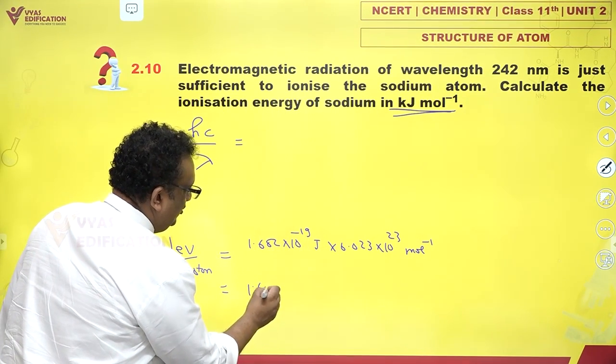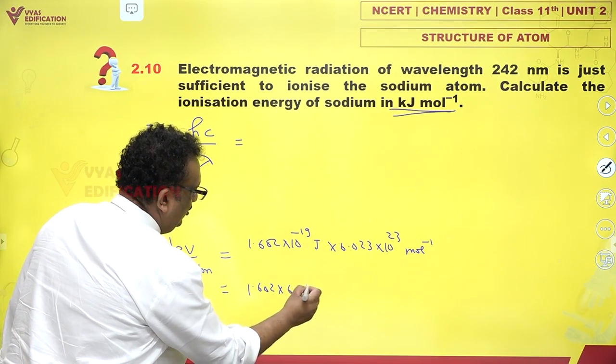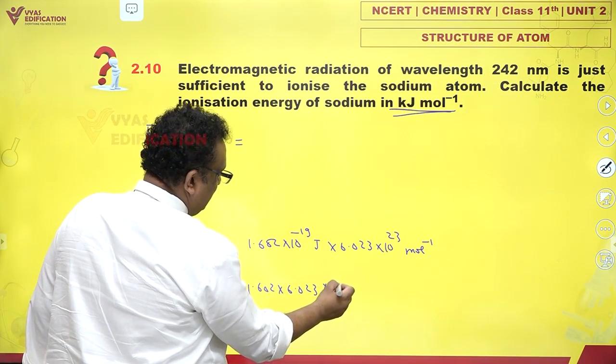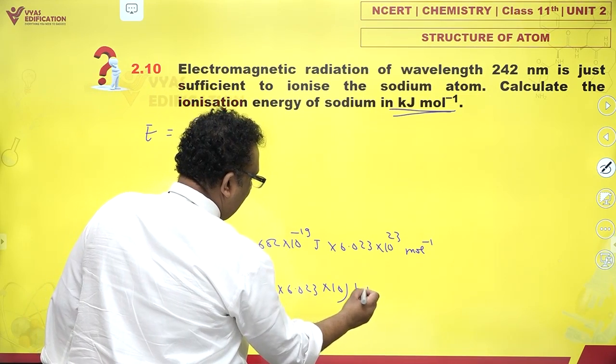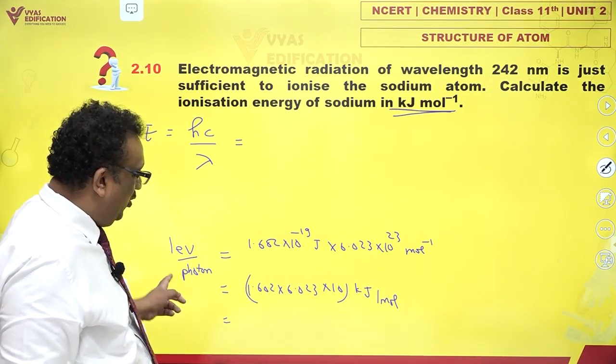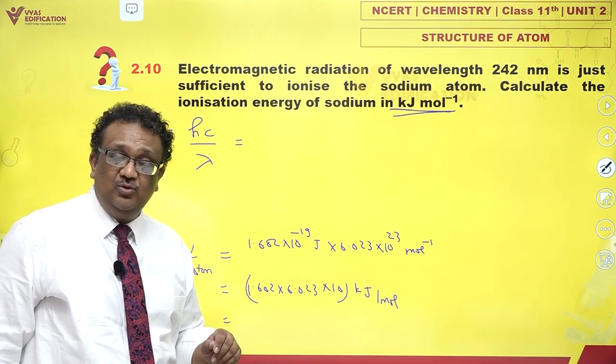This is 1.602 into 6.023 into 10 kilojoules per mole. So 1 electron volt per photon can be converted like this also.